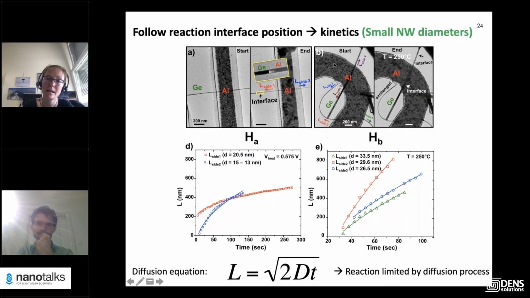And apparently, if you supply this heat, it's more energetically favorable for the aluminium to go in, and then germanium can lower its energy by going into the strip. And we cannot reverse the reaction. So this must be the driving force.